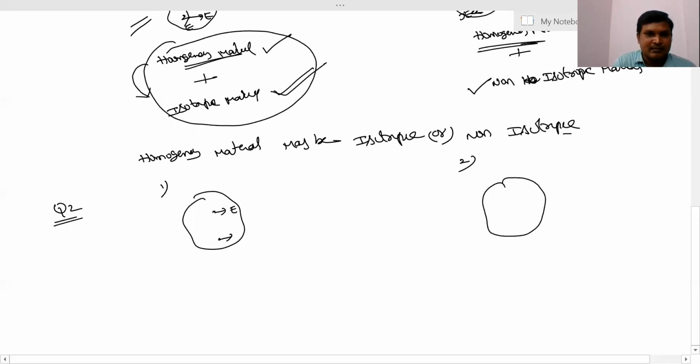E at point 1. This is also E. This is also E. At point 1, what is the material property? Yes, isotropic. So this is 2E, 2E in the y direction at point 2, 2E in the z direction at point 2. So even this is isotropic.